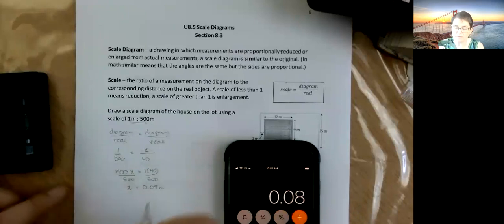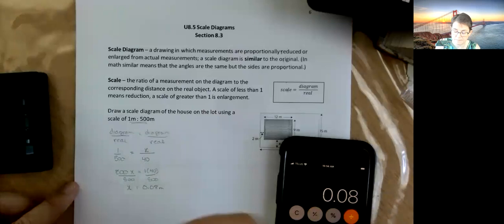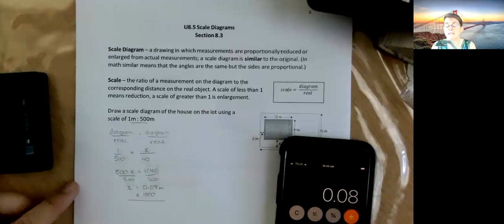Now, we have to be careful because that's meters. I don't have a meter stick, and that's not very useful. So I'm going to multiply it by 1,000, and that 1,000 is going to convert it into millimeters.